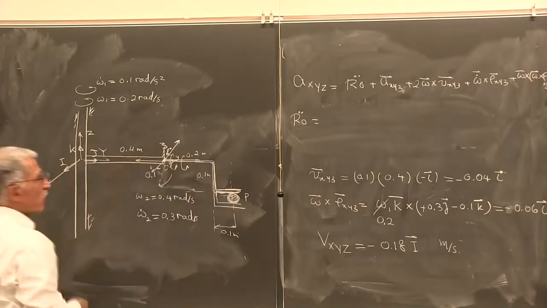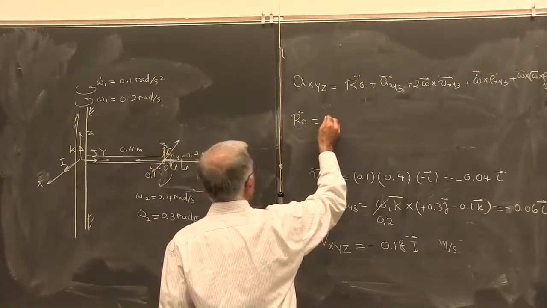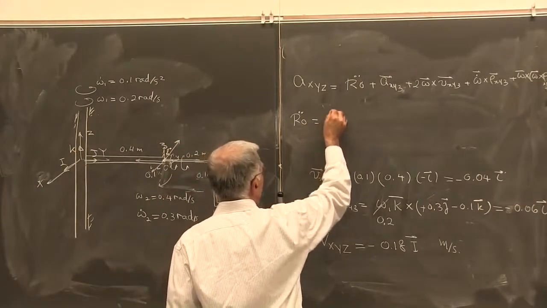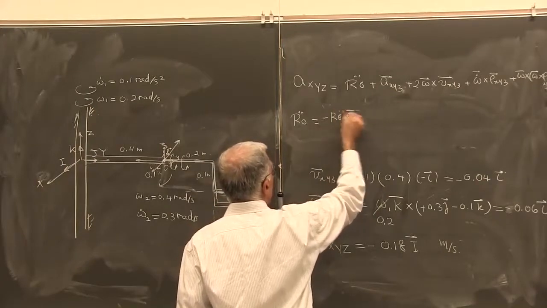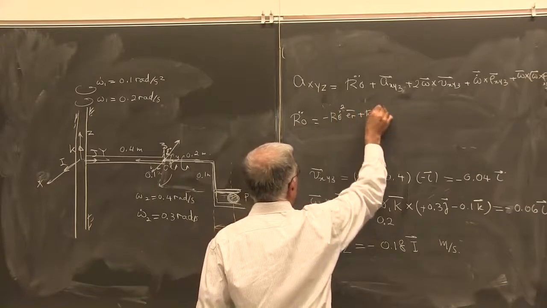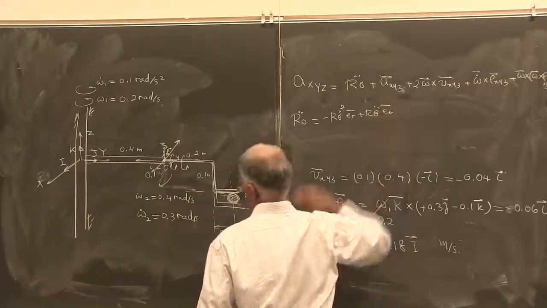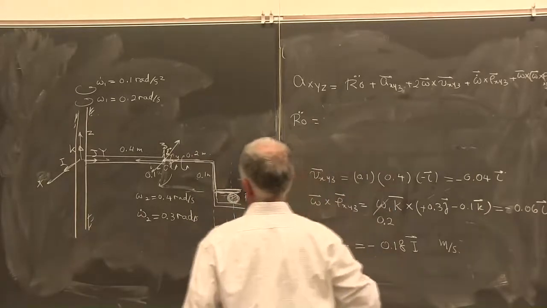Your r is 0.4, so we have r theta dot square er plus r theta double dot e theta. You understand that? We have done so many of these things, so I don't need to go to this detail.